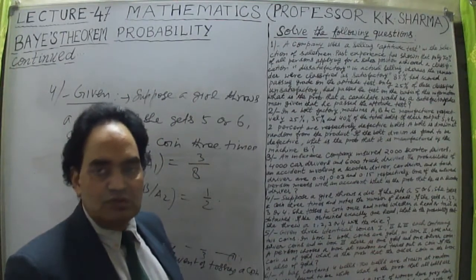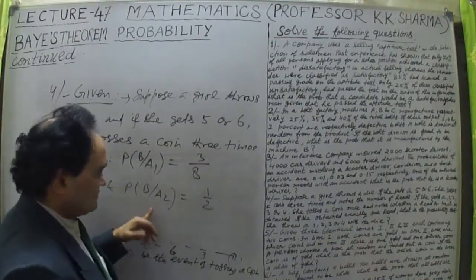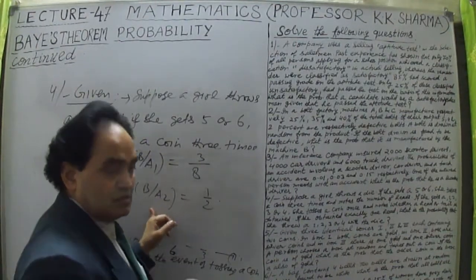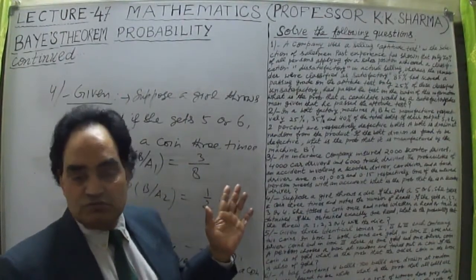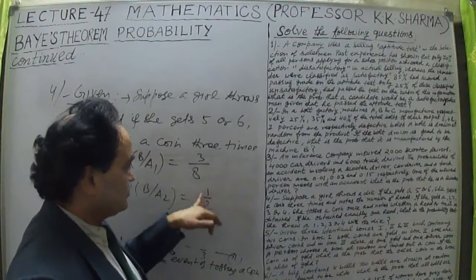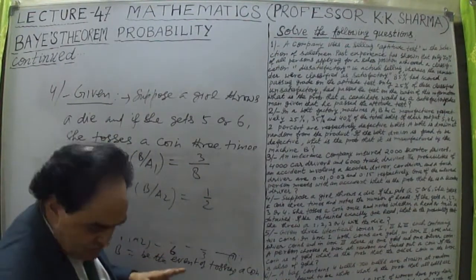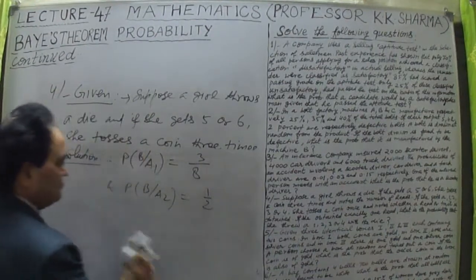Out of that, one time head is appearing, so 1 upon 2 is the probability of the second case. She is tossing a coin once only and gets head once only. So this we have to find out.